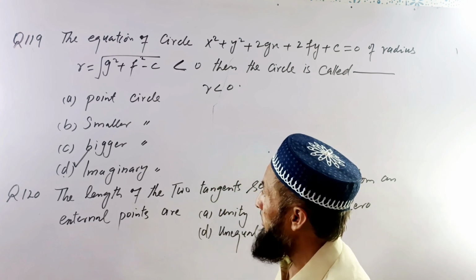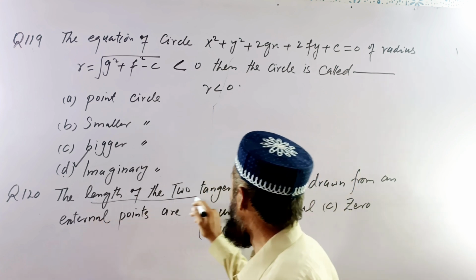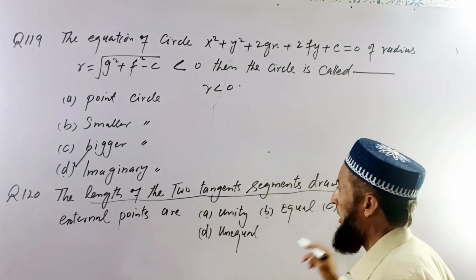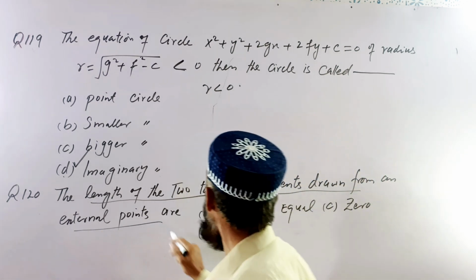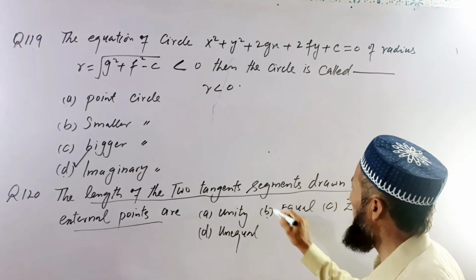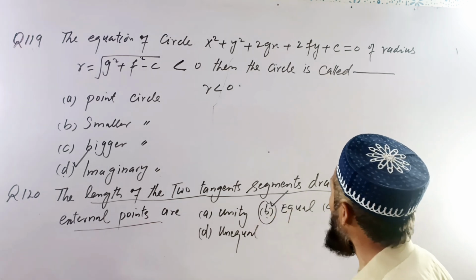The lengths of the two tangent segments drawn from an external point to a circle are always equal. So option B is the correct option.